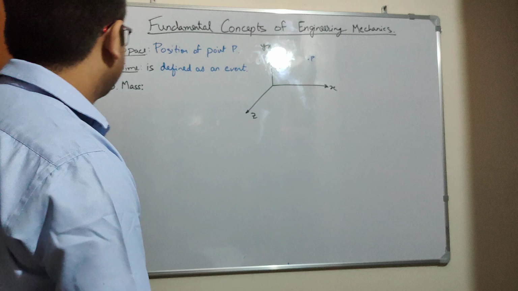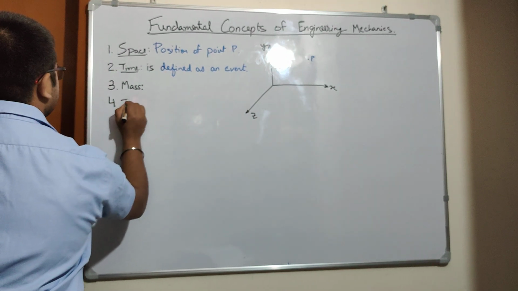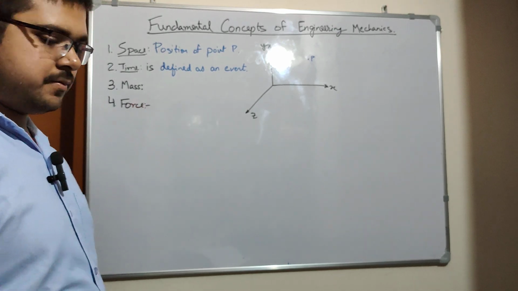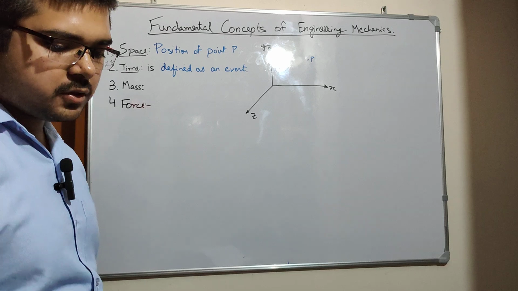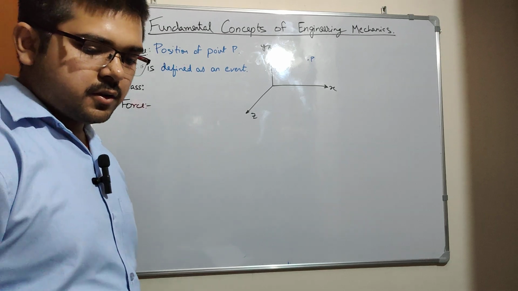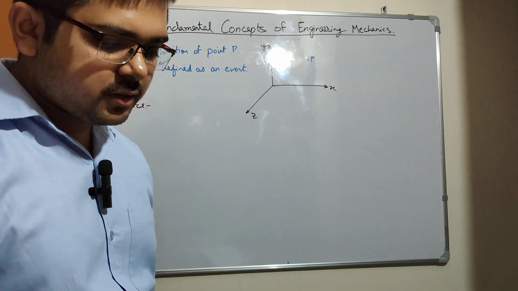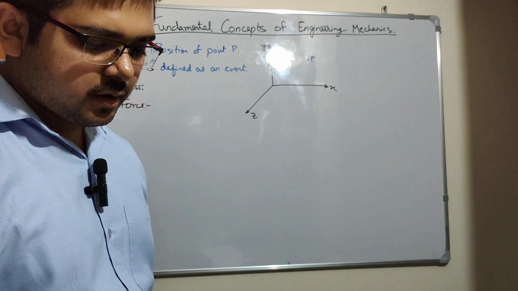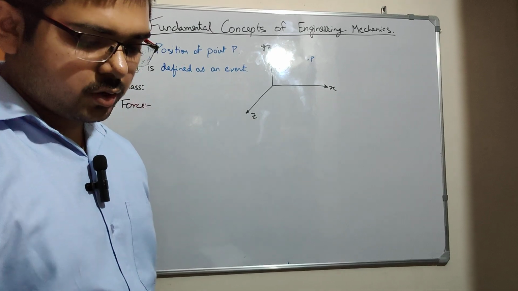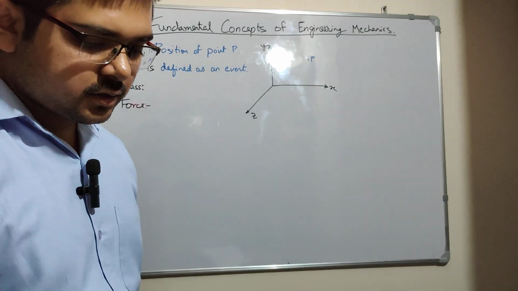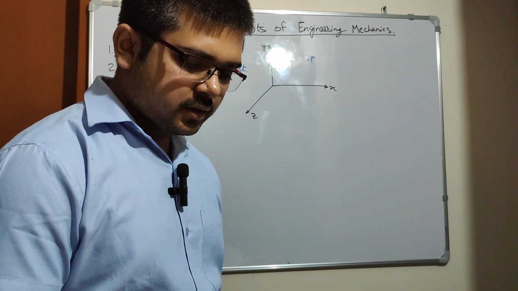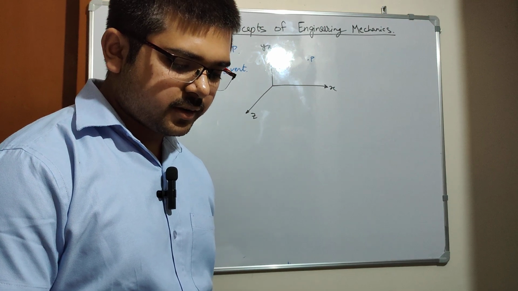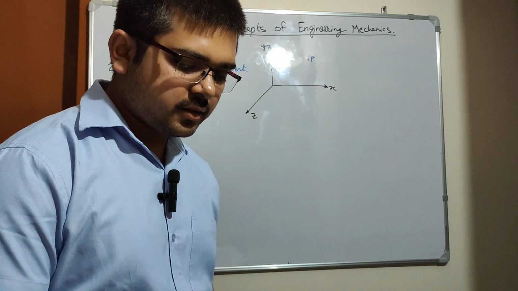The fourth thing that we need to define is force. So force, what is a force? Force represents the action of one body on another. Force can be exerted by actual contact like push or pull, or at a distance, as in case of gravitational or magnetic force. Force is characterized by its point of application, magnitude, and its direction.